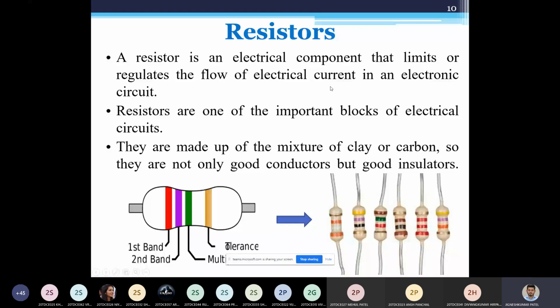Do you know any small application of this resistor, something you have come across in your life? Regulators of fan. Okay, other than that? Electrical heaters, correct?